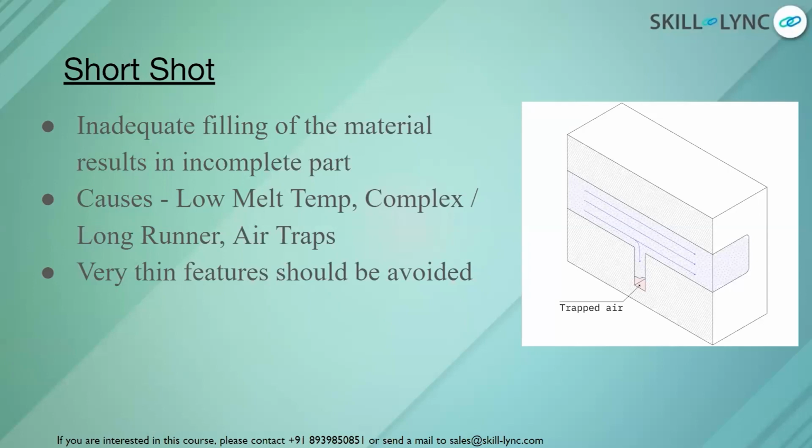To avoid this, we can provide some air vents on your mold part. Sometimes you will have ejector pins, and some clearance is provided to the ejector pins so that this air can escape through the small tiny holes along the ejector pin area. These are some of the things we generally provide to make sure that short shot is avoided.